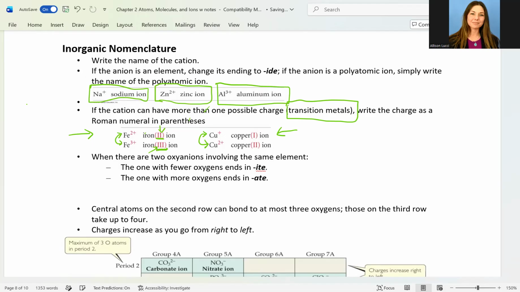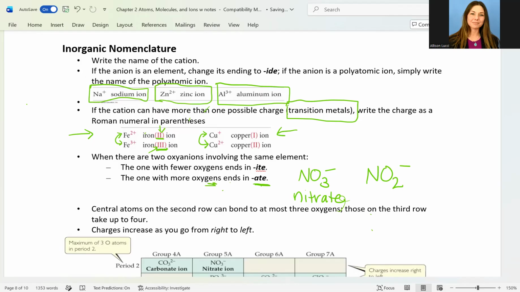Lastly, we have our polyatomic ions, specifically oxyanions of the same element, if there are two possibilities. Say we have NO3 and NO2 for an example here. They both have the same charge. These are oxyanions. This one has an extra oxygen, so we would call this nitrate, the one with more oxygens.